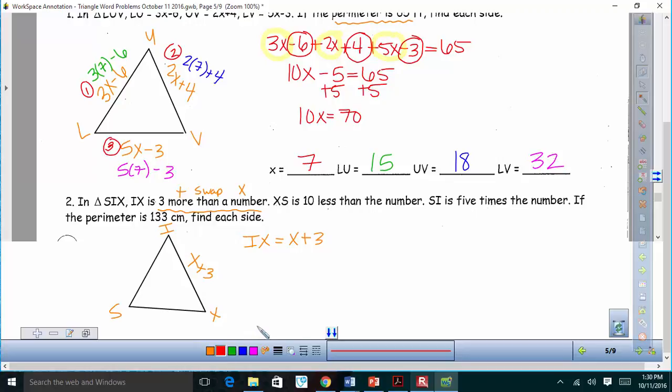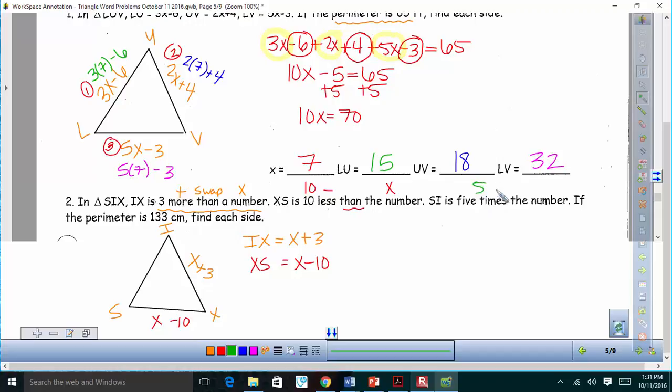Okay? Then it tells me that XS is 10 less than the number. So 10 minus, then we're swapping the number. So instead of 10 minus x, it's going to be x minus 10. And then SI is 5 times the number.